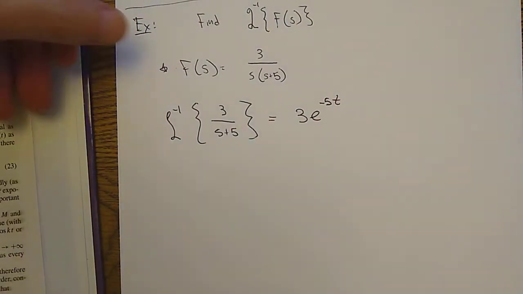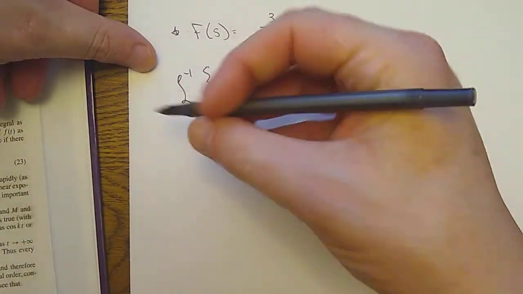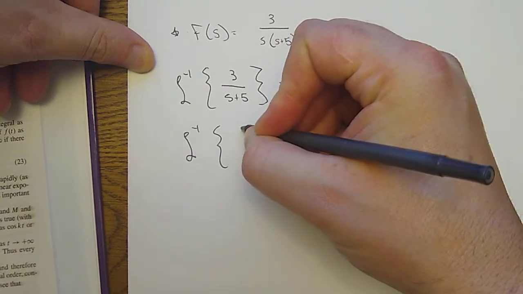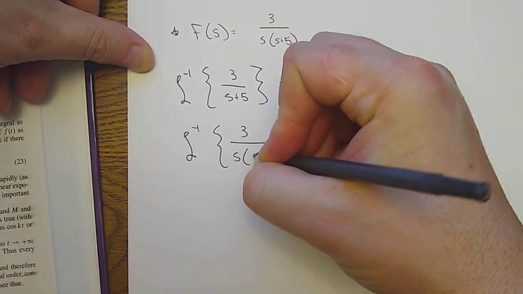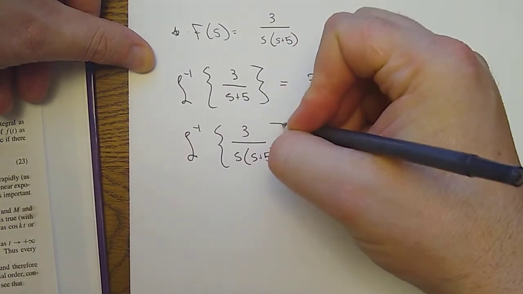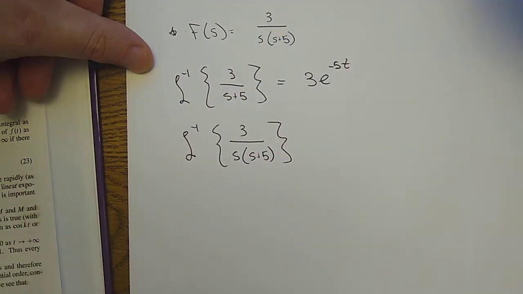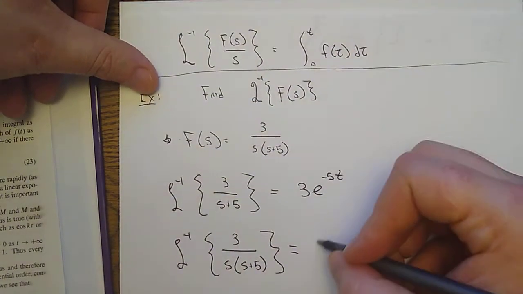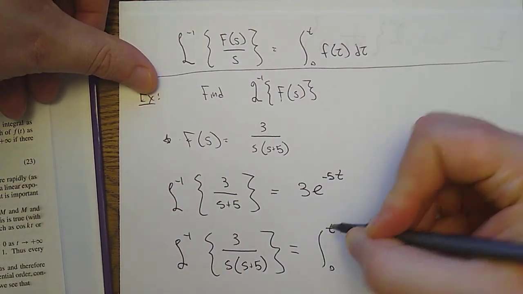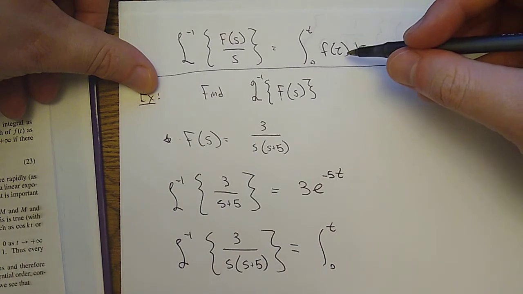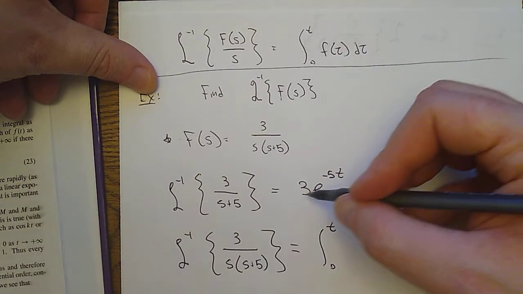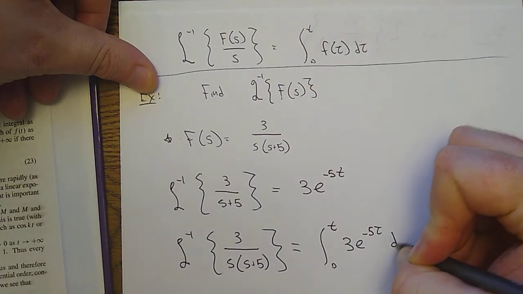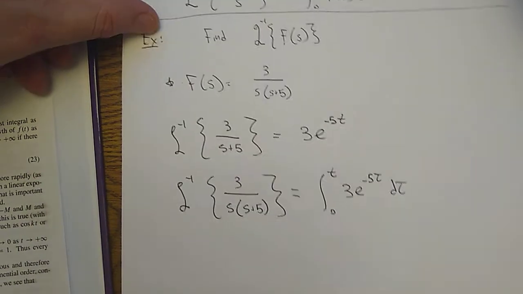So now, the inverse Laplace transform I really want, which is dividing the previous one by s, should be the following. It's the integral from 0 to t of f of tau d tau, so 3e to the -5 tau d tau.